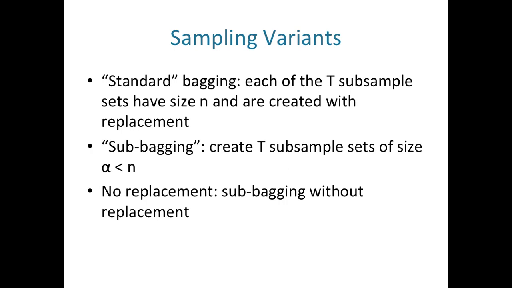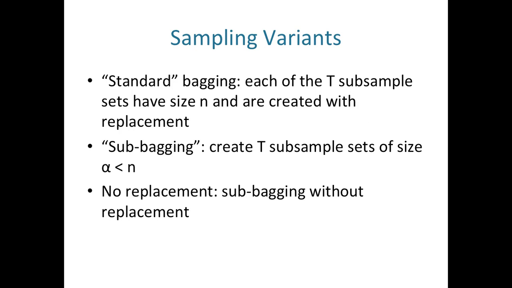There are other types of sampling variants. So far we have explained bagging with sampling with replacement, where the new datasets that we generate have exactly the same number of samples as the original dataset. There's also a sub-bagging approach, where the different training datasets that we create have a size smaller than the size of the original dataset.